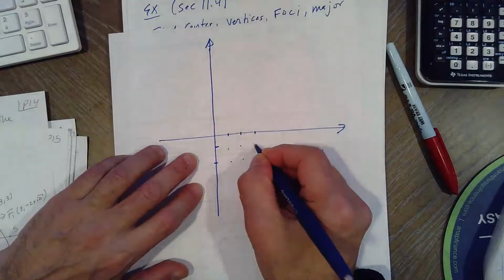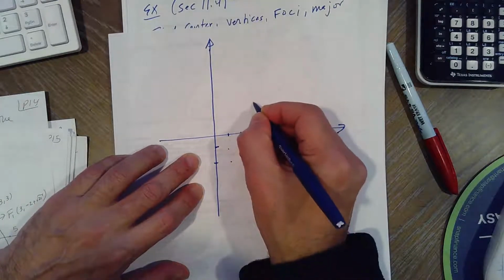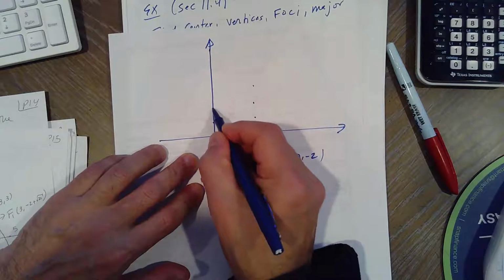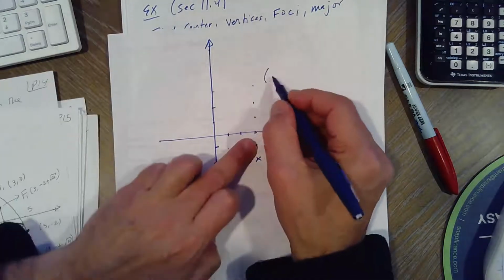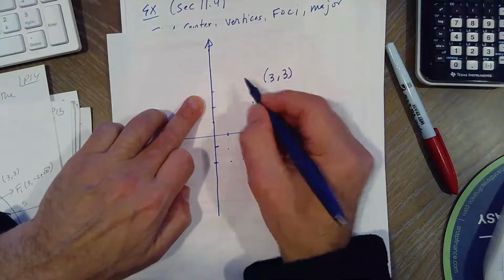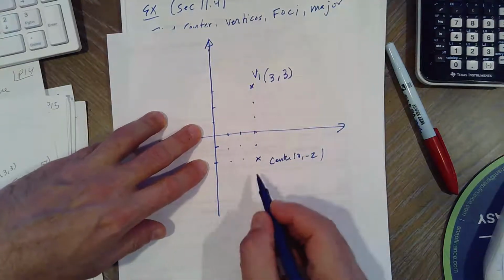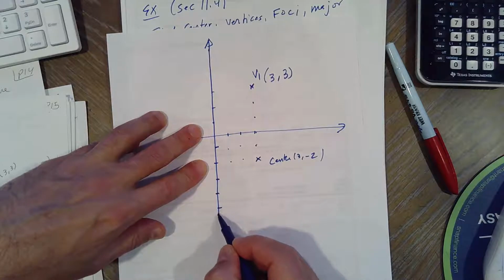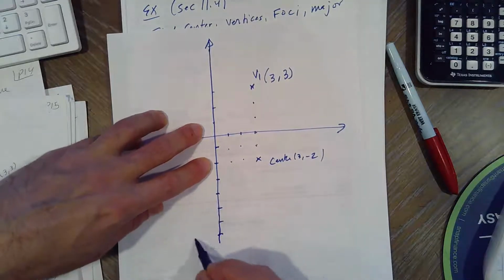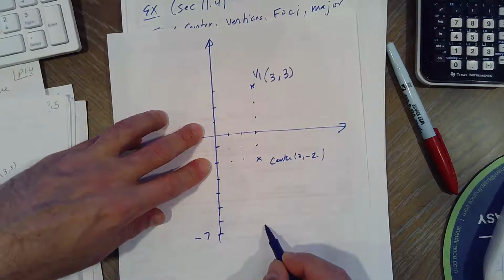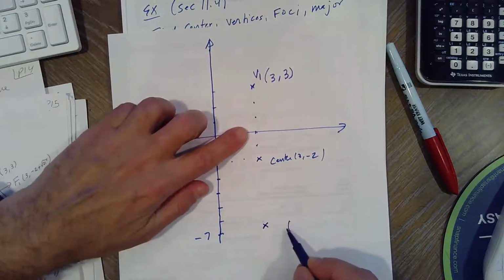From the center we go 1, 2, 3, 4, 5. So we are at 3 for x and 3 for y. This is a vertex. And then we go 5 down: 1, 2, 3, 4, 5. So we are at negative 7, and 3 for the x value.